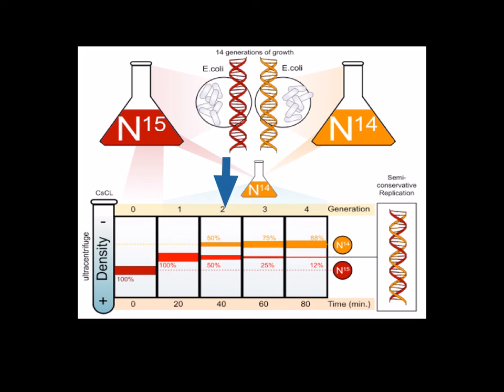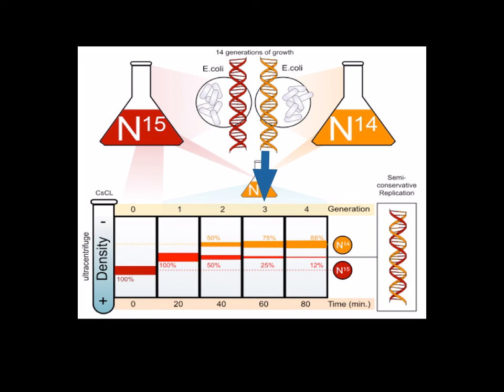Now, can you interpret the data for generation 2? It means that there's 1 light molecule and 1 hybrid molecule. What about generation 3?